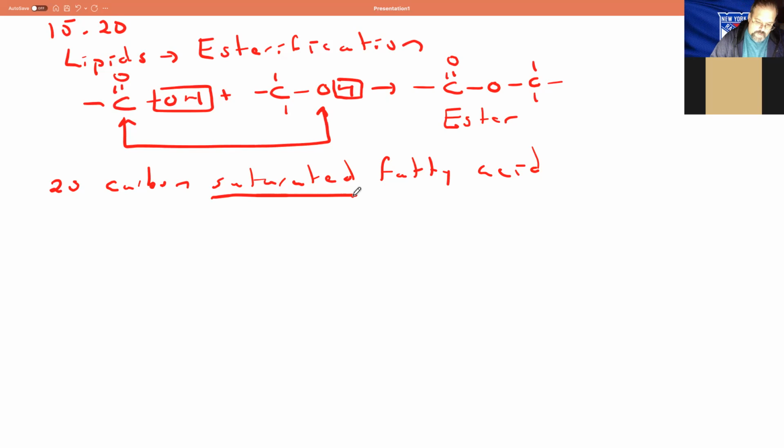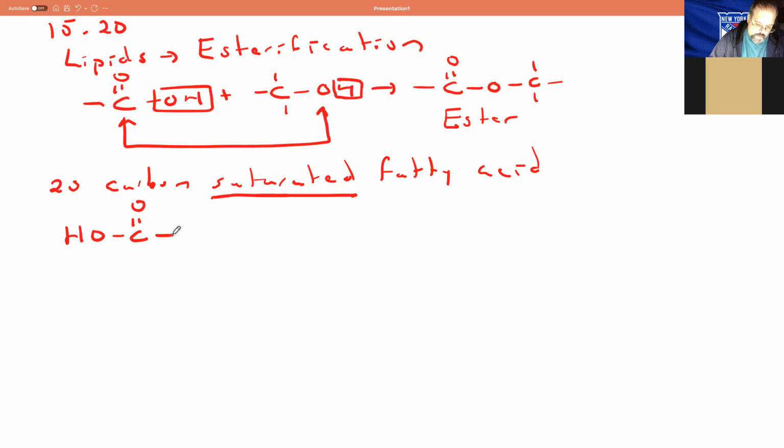So for a 20 carbon saturated fatty acid, at one end we have the carboxyl group, which is carbon number 1, and then everything else is carbon to carbon single bonds.